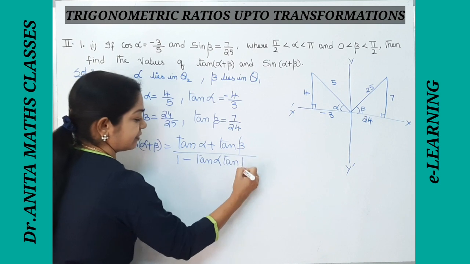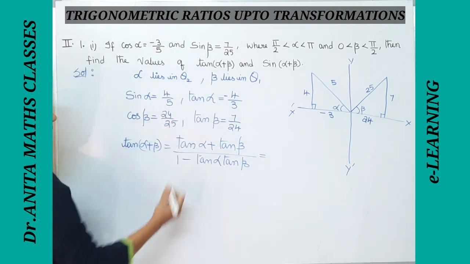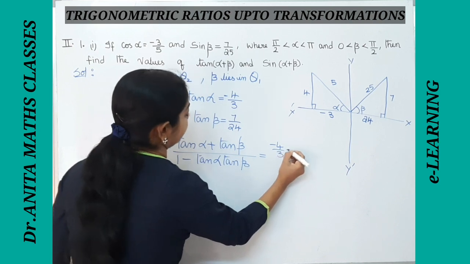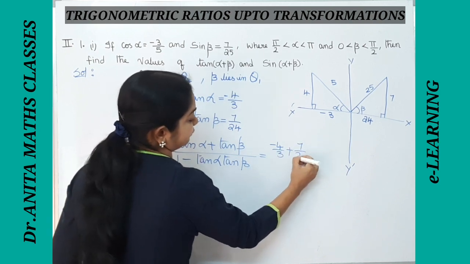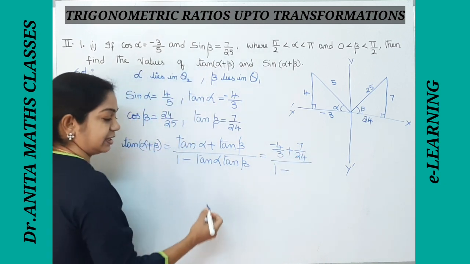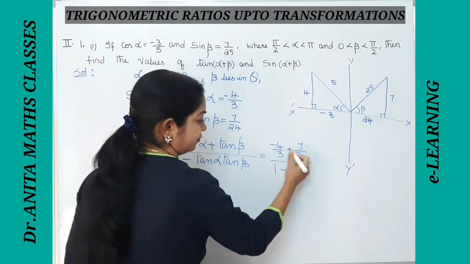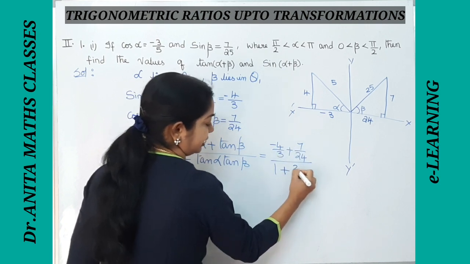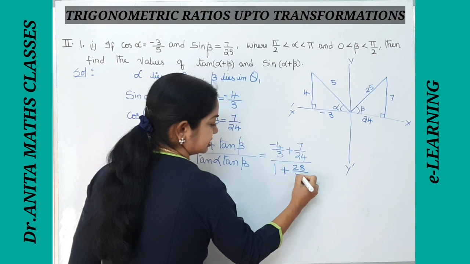So we will substitute the values which we found. Here tan alpha is minus 4 by 3 plus tan beta is 7 by 24, upon 1 minus tan alpha tan beta. If we multiply these two, minus of minus is plus, 7 times 4 is 28, 24 times 3 is 72.